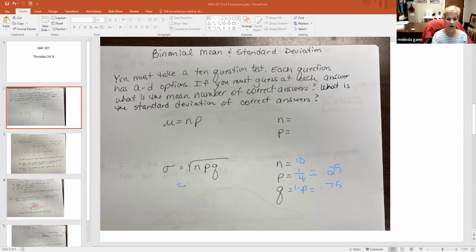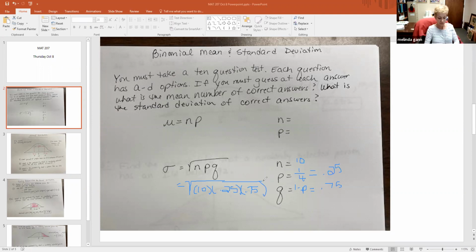So I'm going to do the square root of n, 10, times p, which is 0.25, times q, which is 0.75. All right, so let me get my calculator.